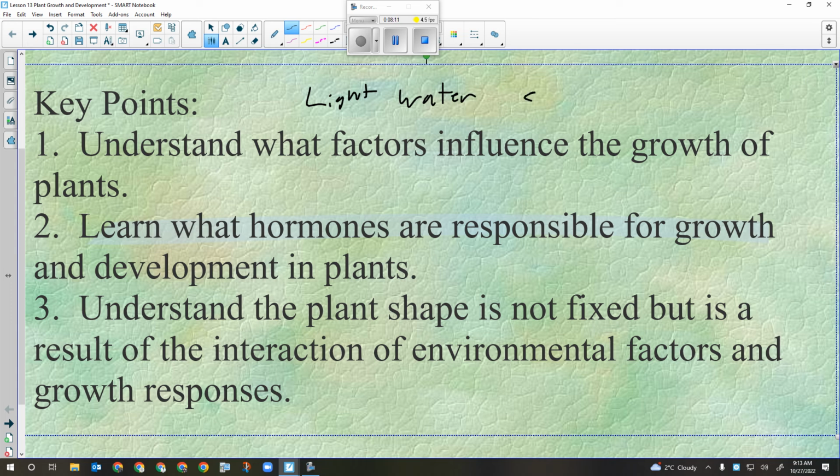Soil. What else? You're putting it in the air right now. CO2, yeah. It's one we often forget about, but if you tried to grow a plant in a pure oxygen environment, it would die, because it wouldn't get the raw materials it needs to make sugar.